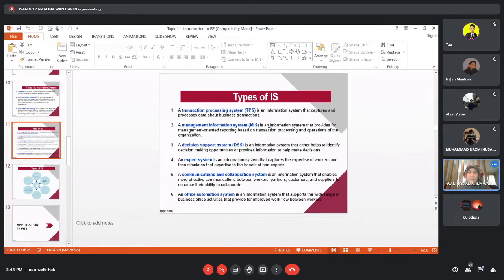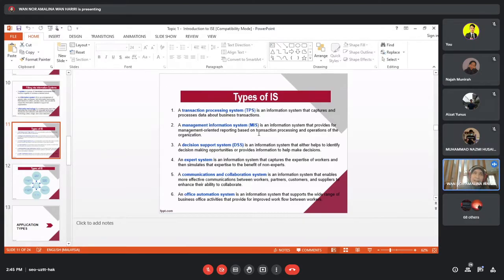Kalau MIS and information system provides for management-oriented reporting based on transaction processing. So for instance, at the end of the month, tadi restaurant tadi dia nak tahu how much they have made for the month, right?